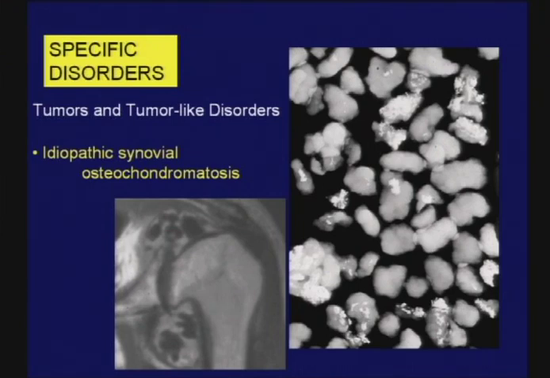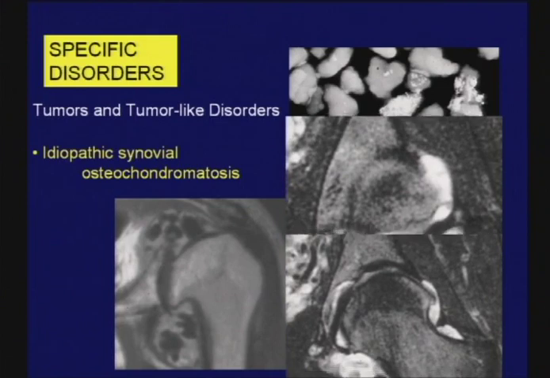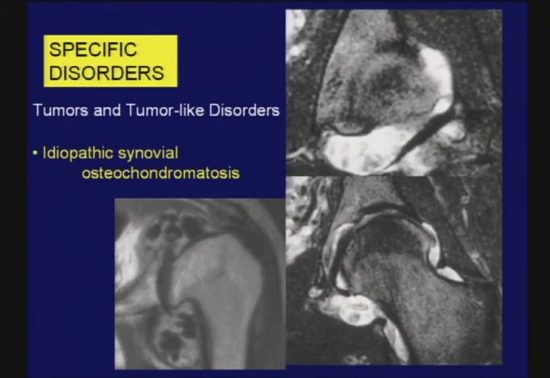So these would be calcified. When in fact they are not calcified or only partially calcified, they're not as dark, and they're on a background of high signal that looks like fluid, but actually represents the non-calcified cartilage nodules. So that can simulate fluid.